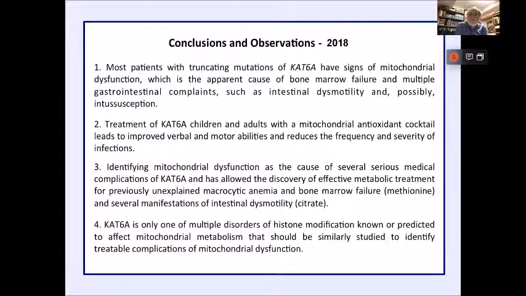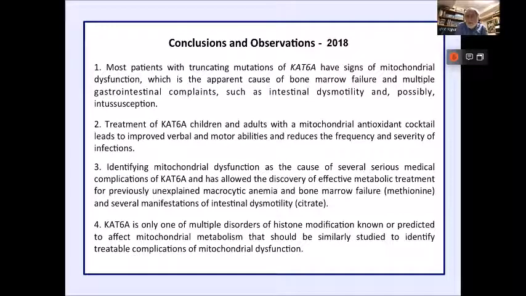But there are other mitochondrial abnormalities besides the low production of citrate that, as I explained, can be the cause of bone marrow failure. We have to look at each child individually to determine if they have these other problems.